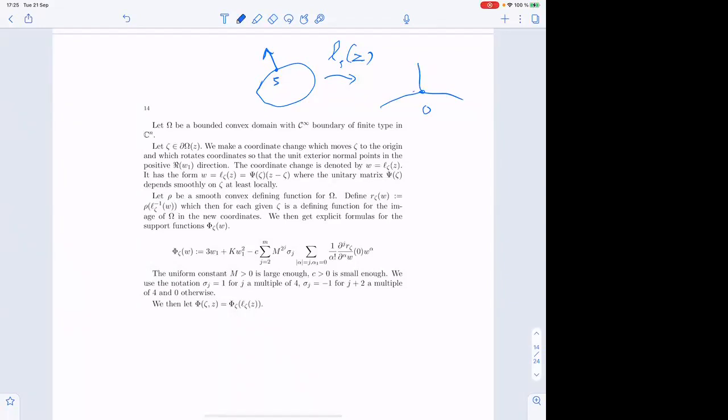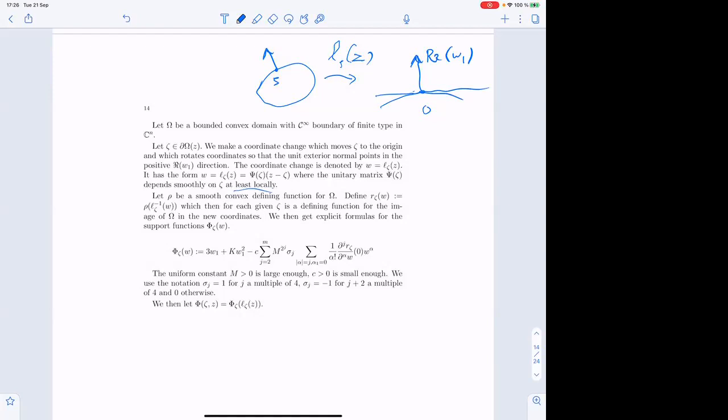It doesn't matter really, I'm not going to care too much about formulas. So the domain now lies in a convex domain in this new linear coordinate change. We take a unitary matrix for rotation and translate so that zeta goes to 0. So it's a very simple formula. At least you can do this locally in a neighborhood of a point on the boundary.